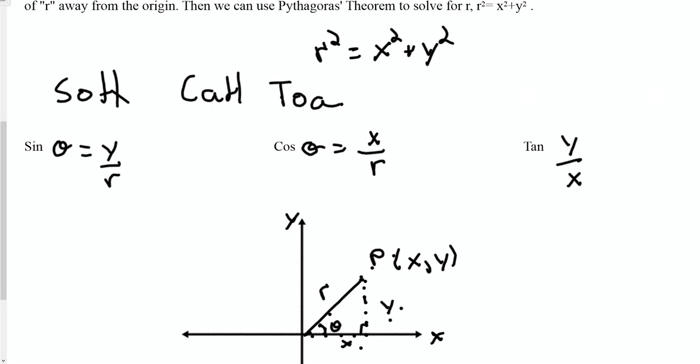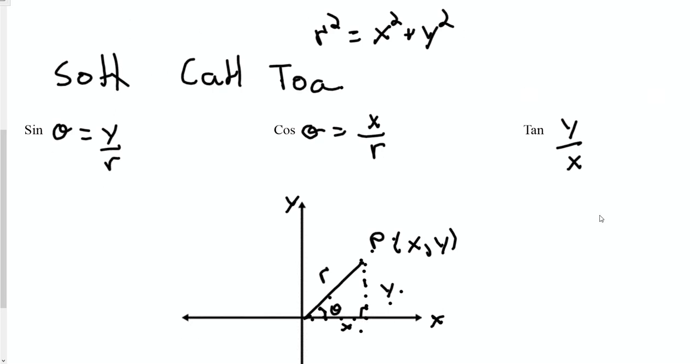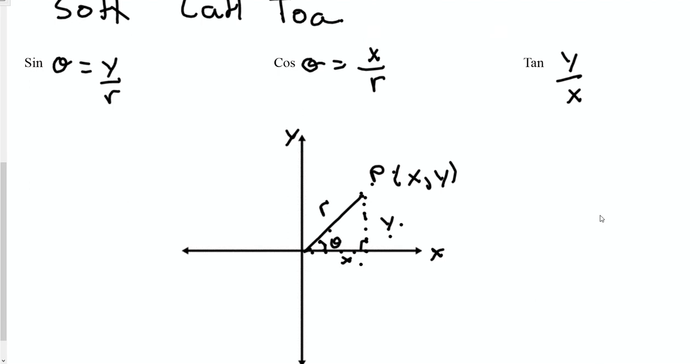Now what gets a little tricky, or maybe it's nice to know, is if you're dealing with different quadrants. Let's say we have quadrant 1, quadrant 2, down here we have quadrant 3, and over here we have quadrant 4, right? With these quadrants, what you have to remember is that your x and y values are going to change in sign.